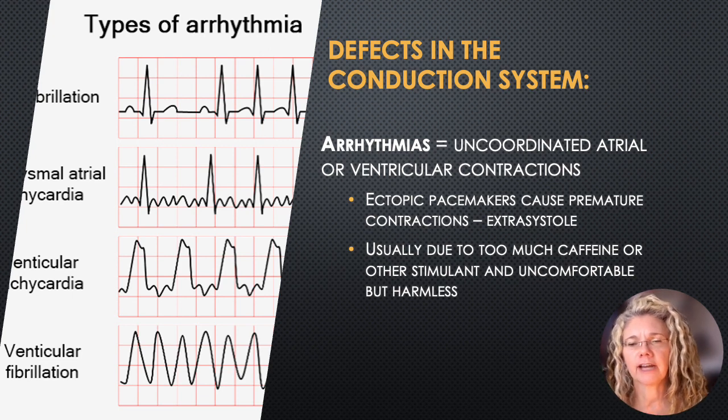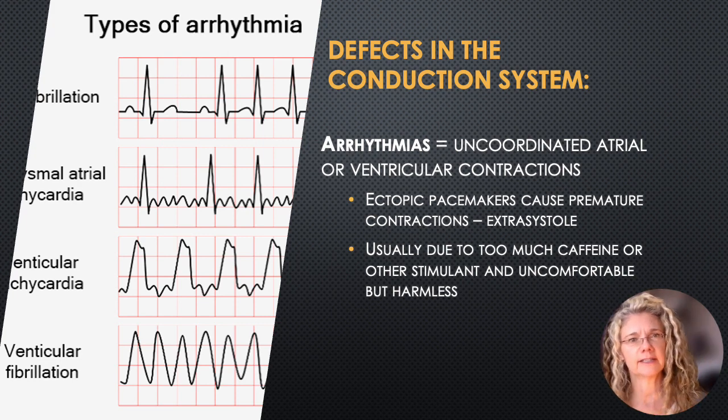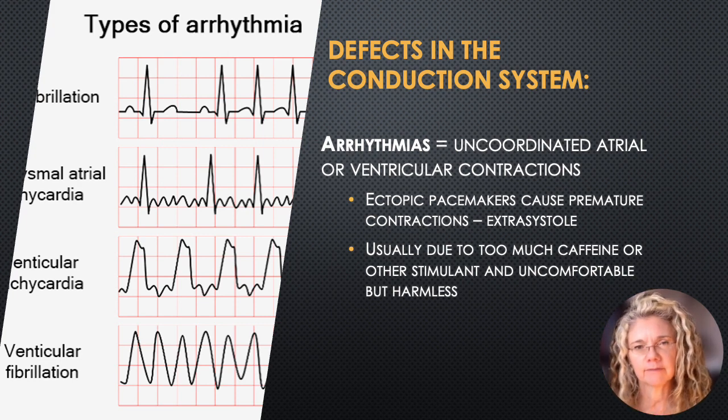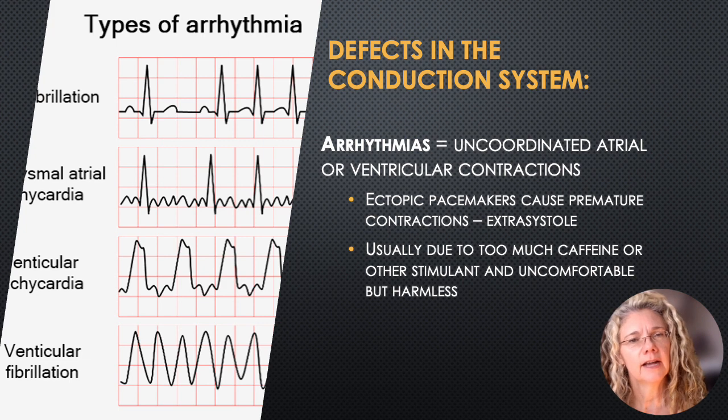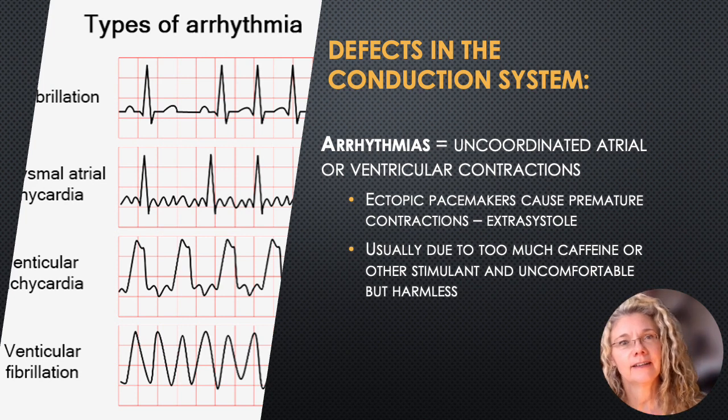And that can feel kind of like a thump in the chest. And usually that's because we've had too much coffee or Red Bull or whatever your caffeine of choice is, or another stimulant. We've got lots of different chemical stimulants. And it can feel really weird, super uncomfortable. Most of the time it's harmless, thank goodness, right? Annoying but not dangerous. Okay.